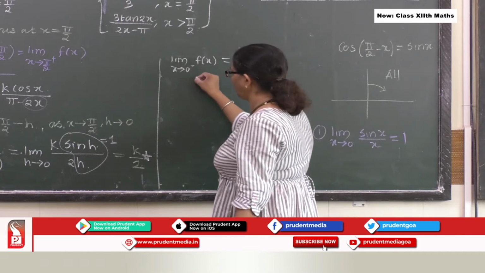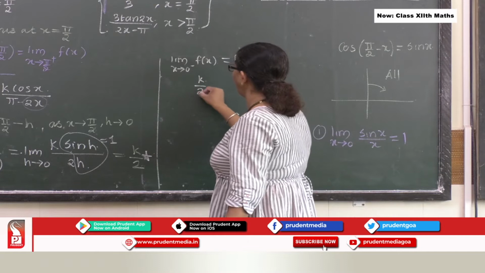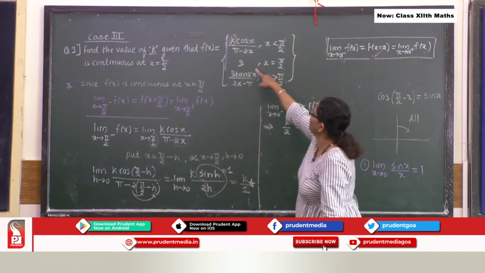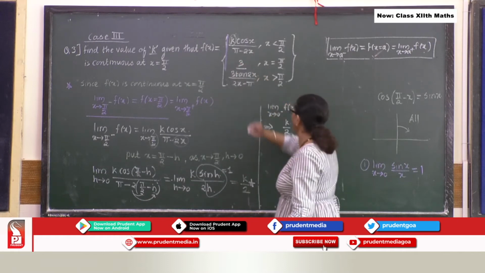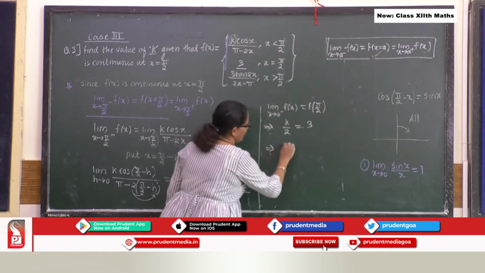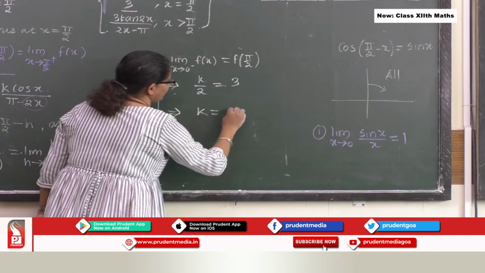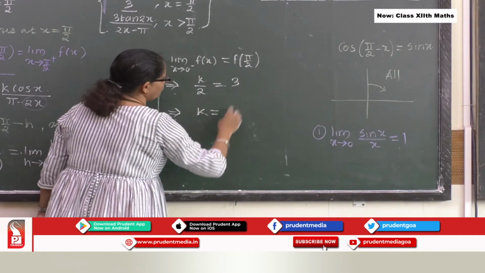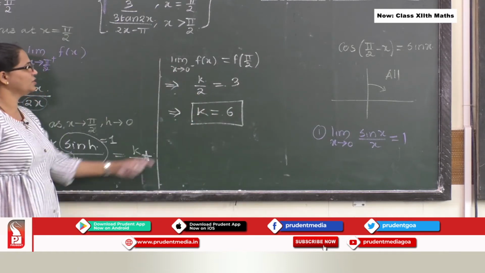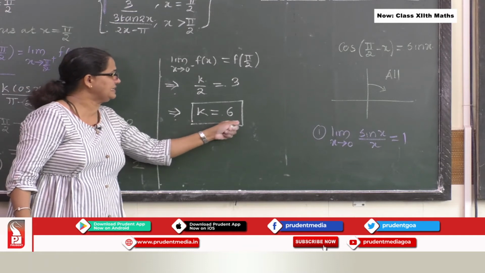So over here I am saying k by 2 is equal to what value is given to me? That's 3, right? So over here I say k is nothing but 3 into 2, that's 6. So here we go, the value of k is 6.